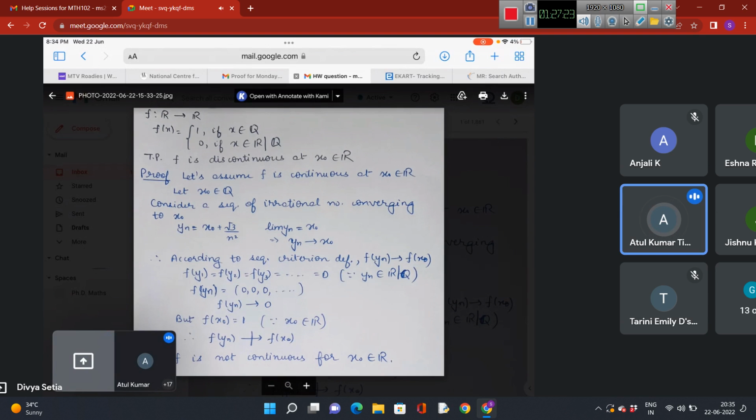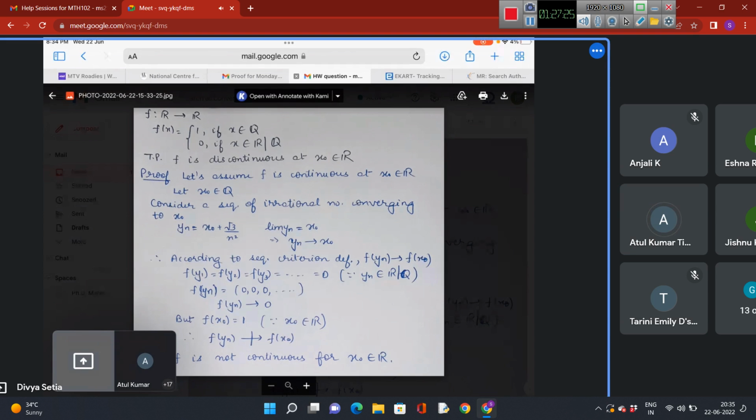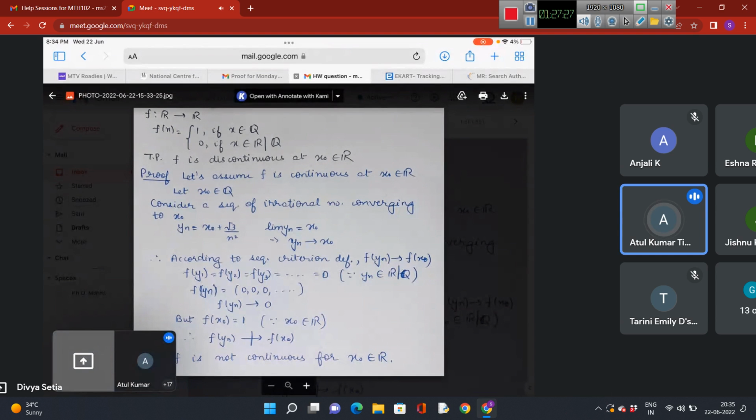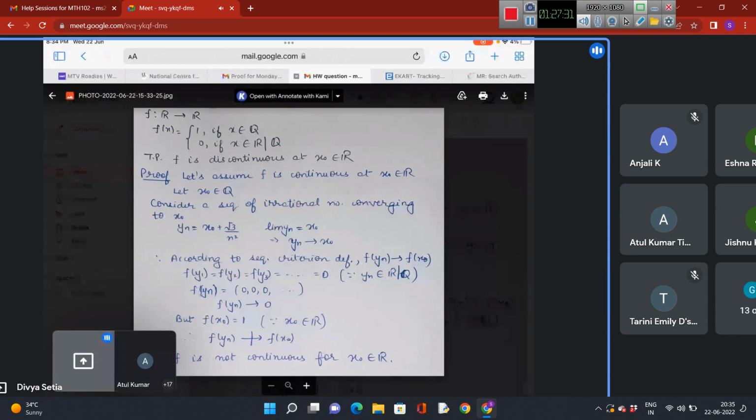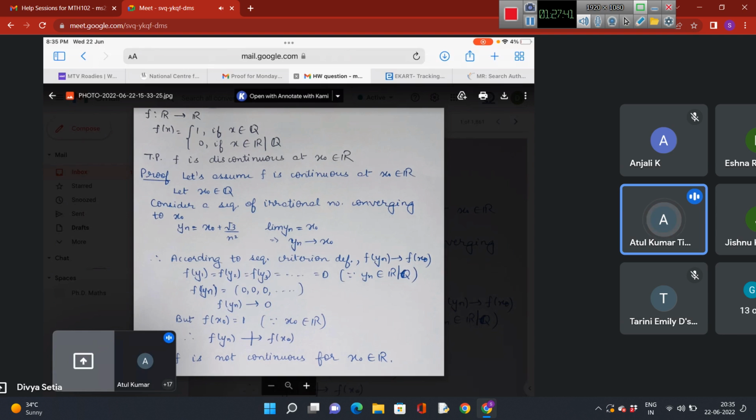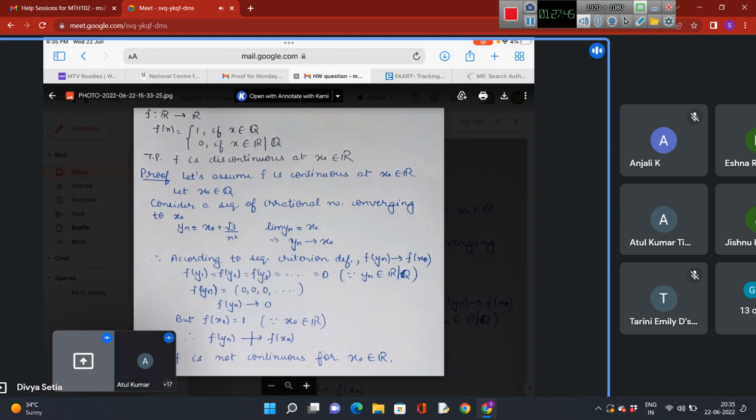But it cannot be 0 if we choose any epsilon less than 1. So the functional value is 1, your x is rational, and the x naught you have chosen is also rational.